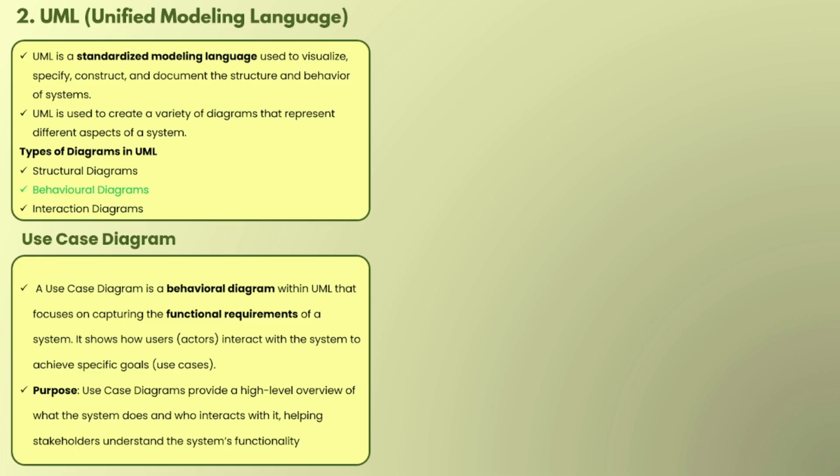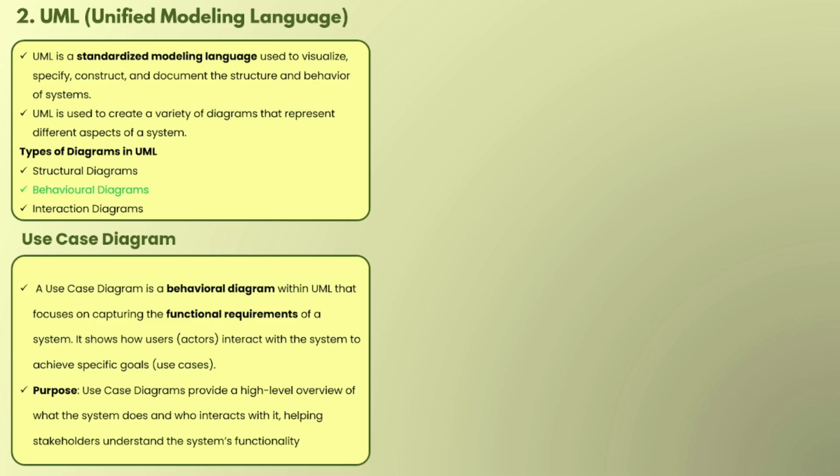Then behavior diagrams show how the system acts, what it does and when something happens. For example, the activity diagram shows a little bit of the flow of action, meaning how actions are happening. And the next is the interaction diagram. This shows who is talking to whom, how different parts of the system interact or pass messages.